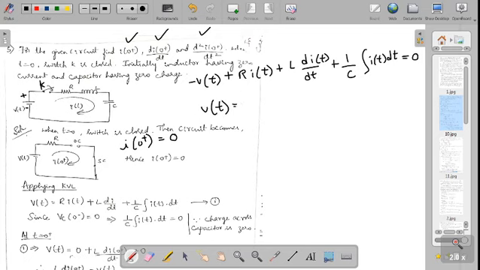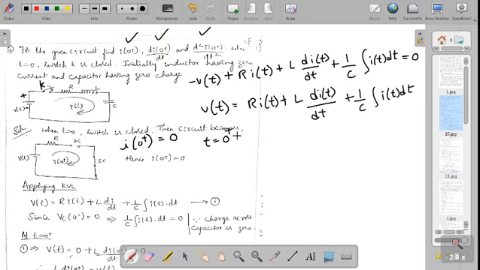V of t equals R into I of t plus L into di of t divided by dt plus 1 by C integration of I of t into dt. Okay. So now what we need to do? We need to find out at time t equal to 0 plus. And substitute this at time t equal to 0 plus.